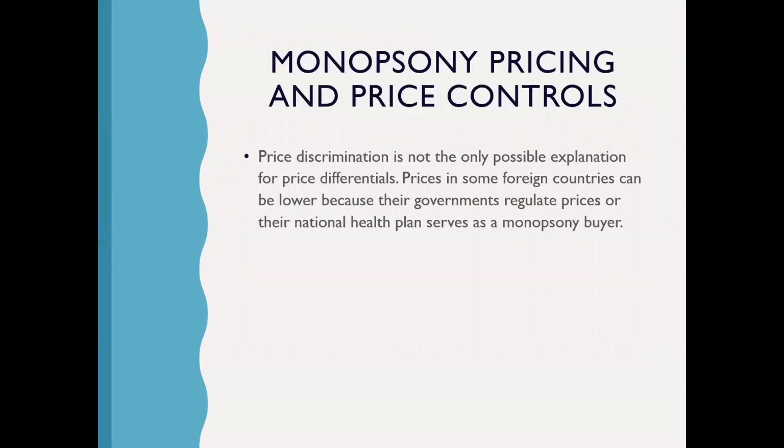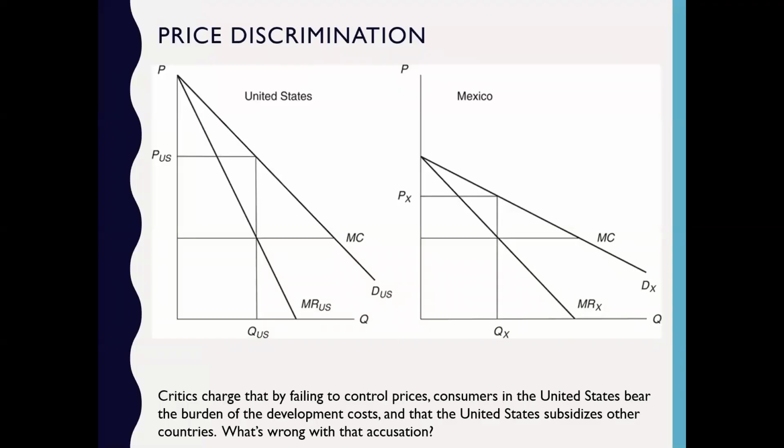Okay, so this isn't the only possible explanation for price differentials. Prices in some foreign countries can be lower because the government regulates the prices, or their national health plan serves as a monopsony buyer. So let's continue with this figure. Let's suppose that the Mexican government imposes some price controls.